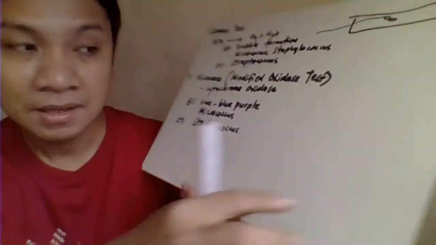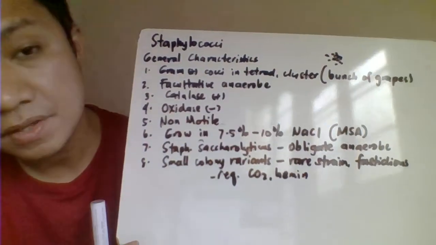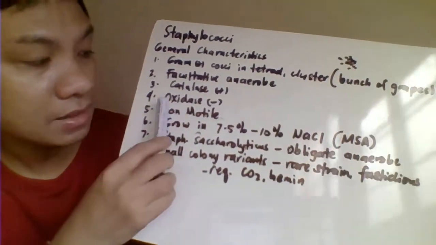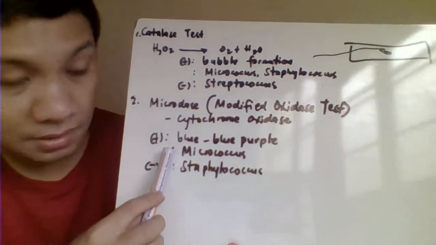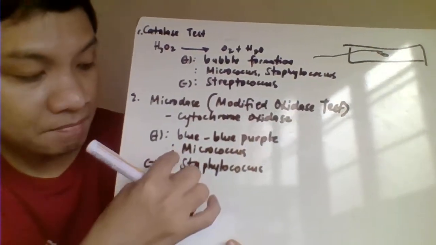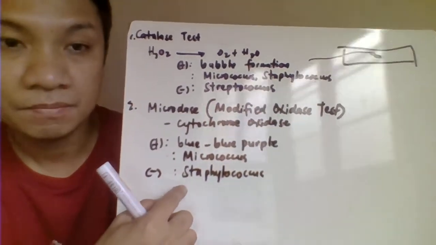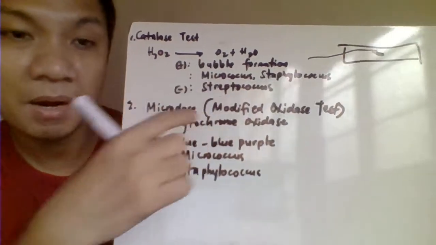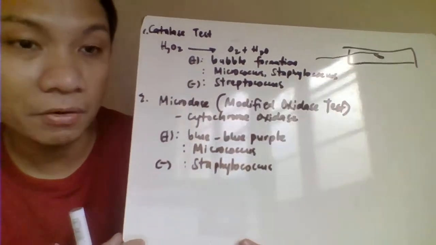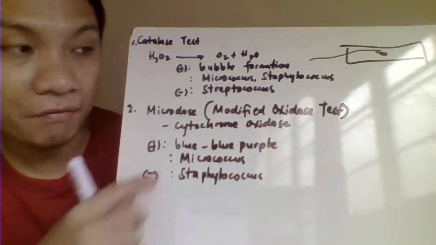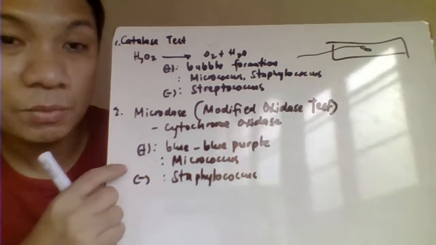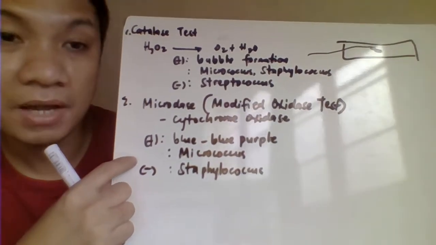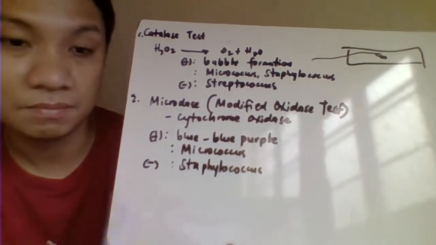So remember that staph is oxidase negative, while micrococcus is oxidase positive. Both micrococcus and staphylococcus are catalase positive, so to differentiate whether it is micrococcus or staphylococcus, perform the oxidase or Microdase test. Again, it will give a positive result only for micrococcus.